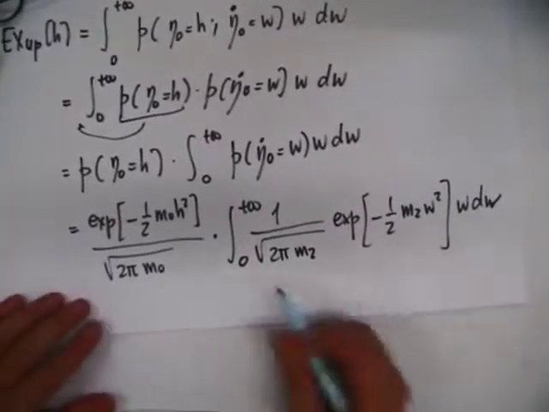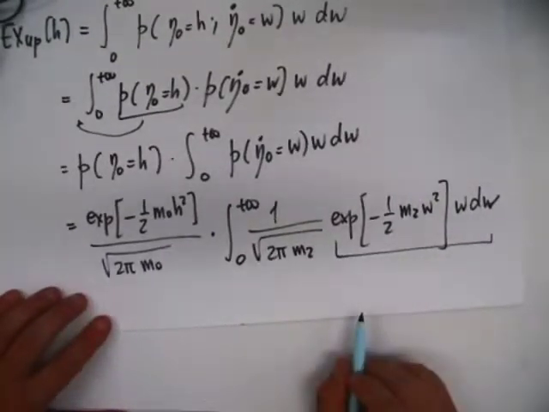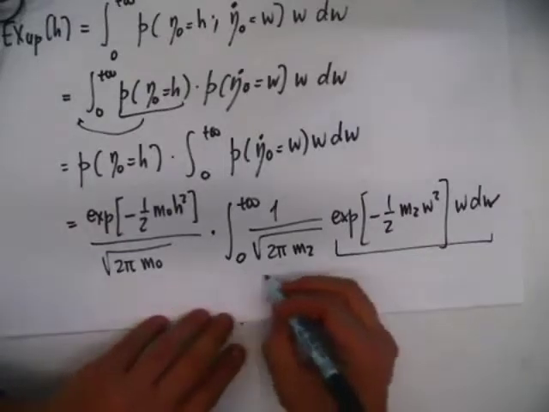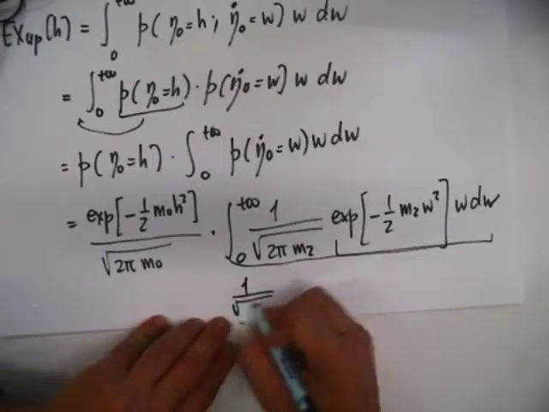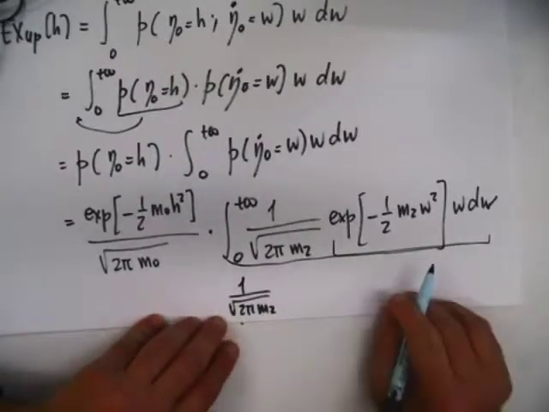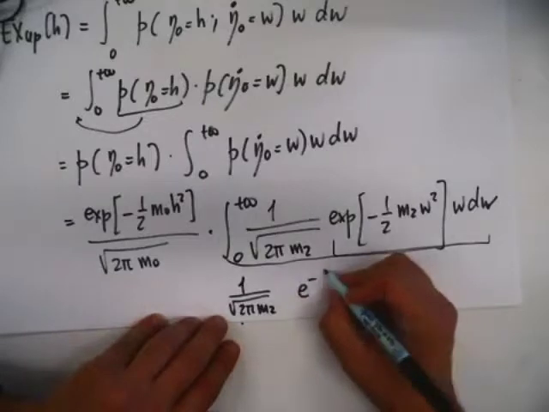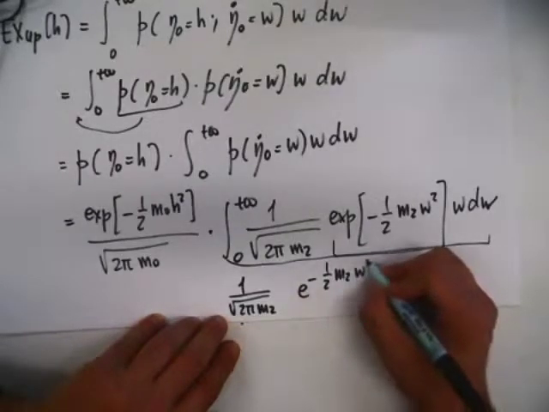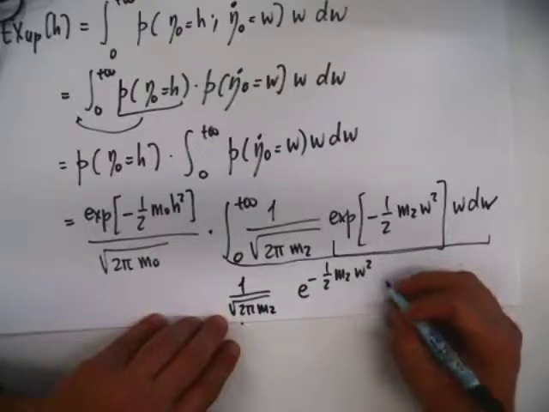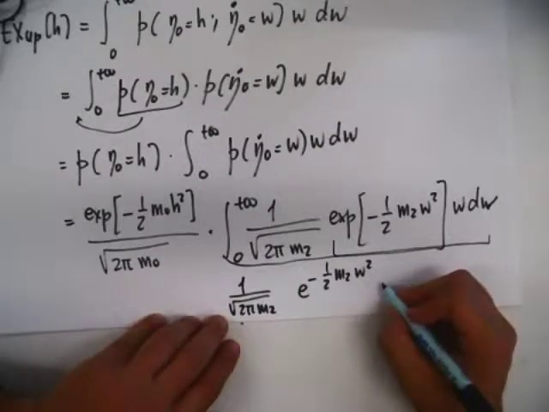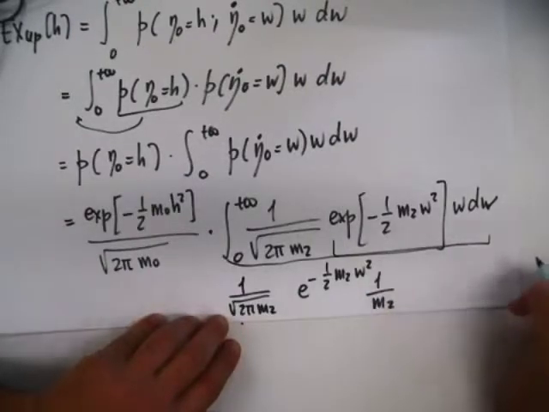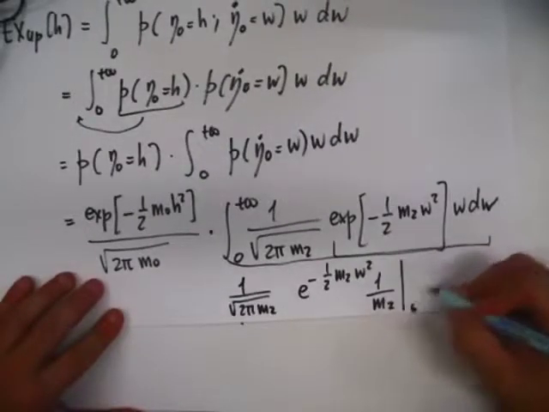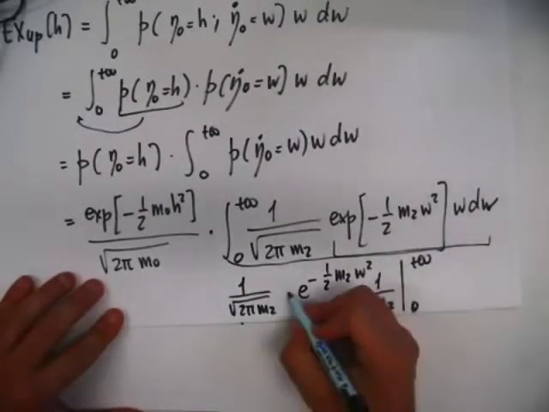And this integral is easy to compute, because it's equal to 1 over square root of 2 pi m2, and then e to the minus 1/2 m2 w squared, times 1 over m2 computed between 0 and infinity, but I also need a minus.